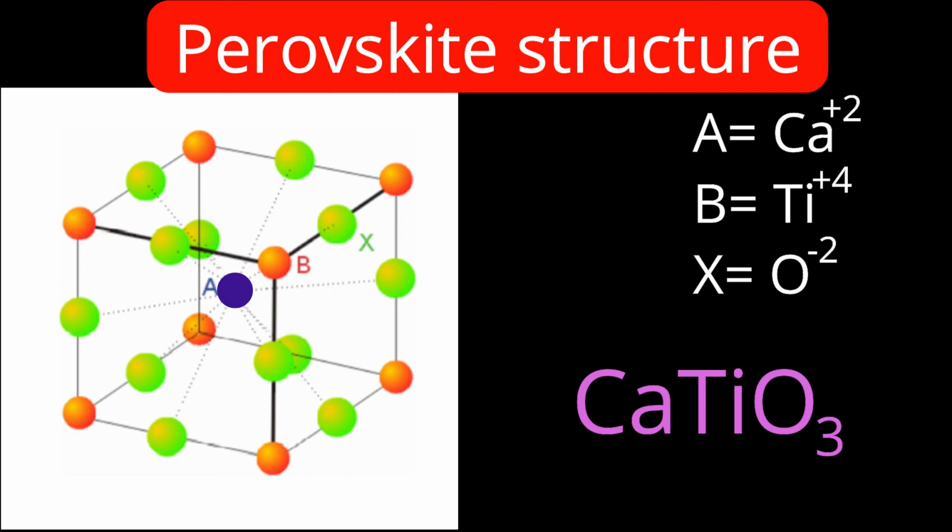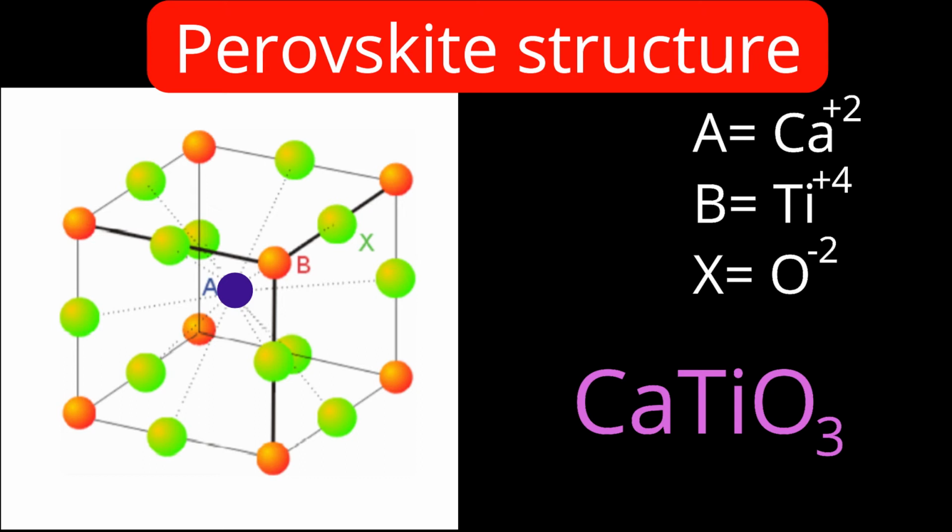Middle layer, 4 oxide ions, and bottom layer again 4 oxide ions. So total oxide ions are 12, or you can use our previous logic. Total 12 edges are there for the cube, so at center of each edge there is oxide ion, so 12 oxide ions are there, and each has contribution of 1/4 to the cube. So 1 upon 4 into 12, what is answer? Right, 3. Therefore, the formula CaTiO3.